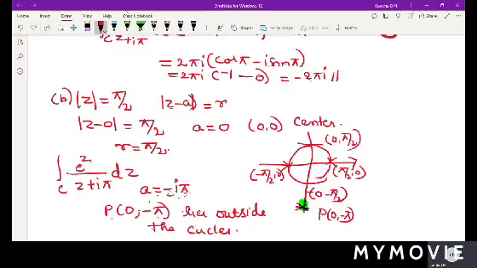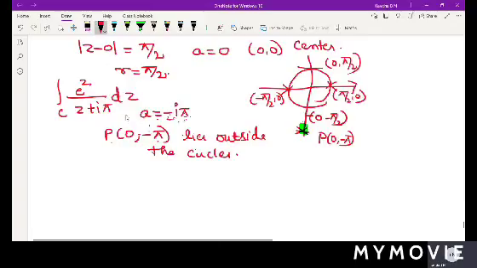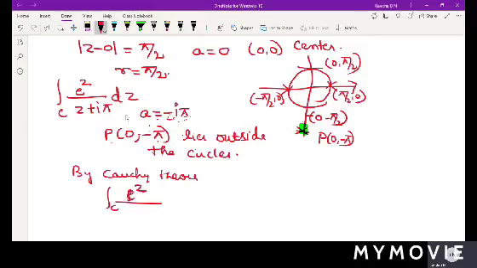Then it is not necessary to find the values here. By Cauchy's theorem, the integral over C of e to the power of z by z plus iπ, dz, can be written as 0.